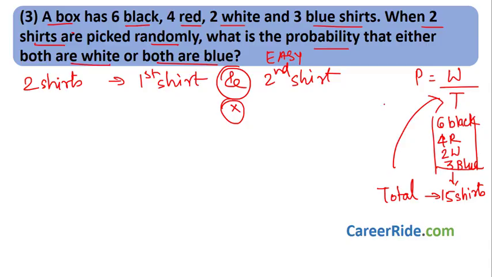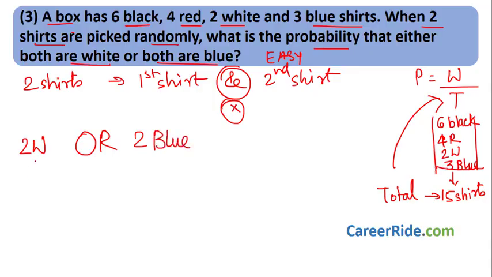They pick the first shirt, keep it in hand, then they pick the second shirt. Now what have they given? They want either both are white, so the 2 shirts which are picked should be white, or find the probability that the 2 shirts that are picked are blue, right?